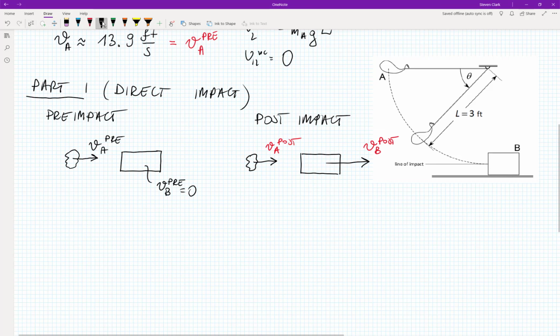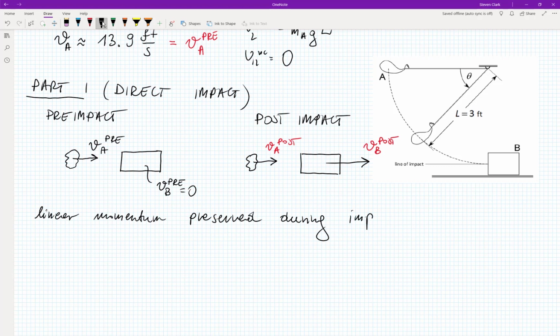Okay, so I just want to remind you that during the impacts, momentum is preserved. So we can write it down. Linear momentum preserved during impacts. So I can write down the linear momentum equation. And let's assume that this direction is positive.